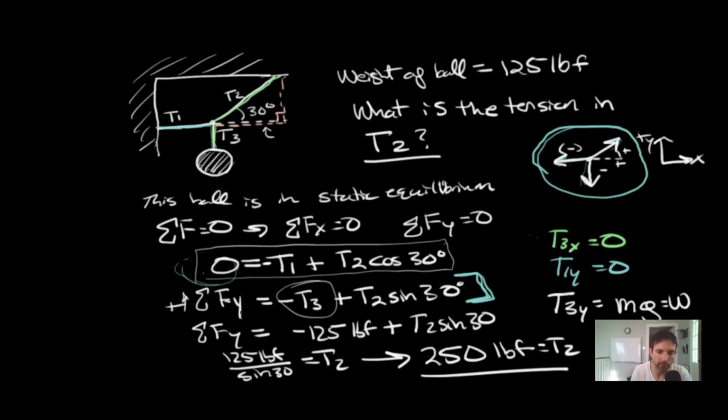That's what I did down here. Switch this to the other side. Just treated this as 0 because the sum of forces in Y have to be 0 in order for it to be in static equilibrium.